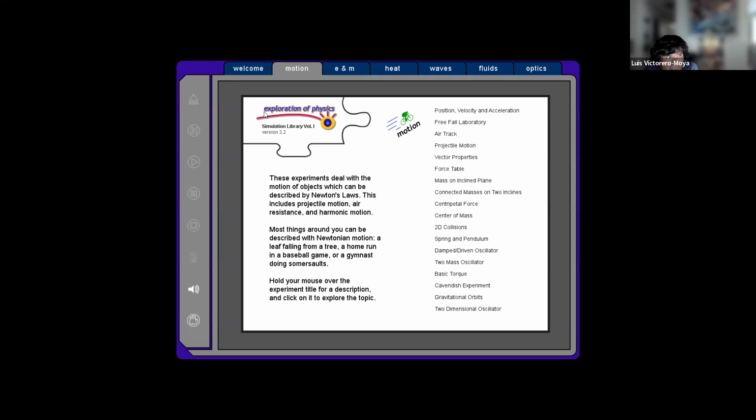Because the idea with this lab is to gather data, just like if you were doing the lab in the building. And you have a few constraints, especially with the free fall motion lab. The forces table lab is actually pretty good.